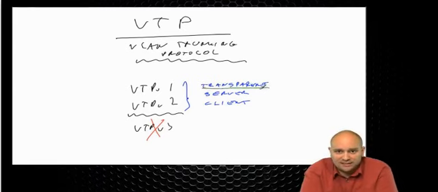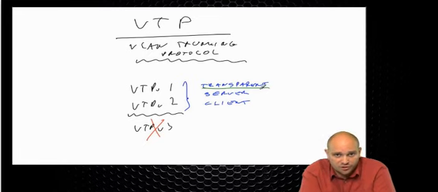One of the things that I will send you together with the files at the end of the day will be a link to a blog post that I have written in which I actually dispel this myth about the difference in behavior between VTP version 1 and VTP version 2 in transparent mode. So as far as 3560 switches are concerned, with the version of code that you will have in the lab, VTP version 1 and VTP version 2 behave in identical manner.